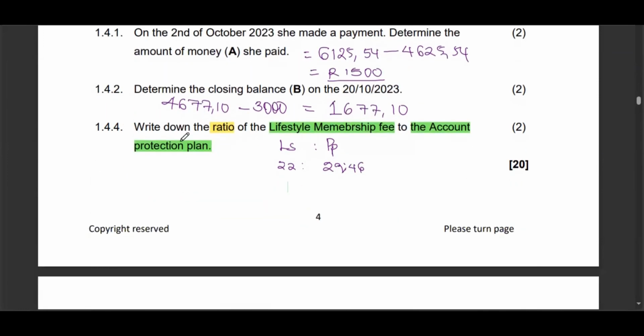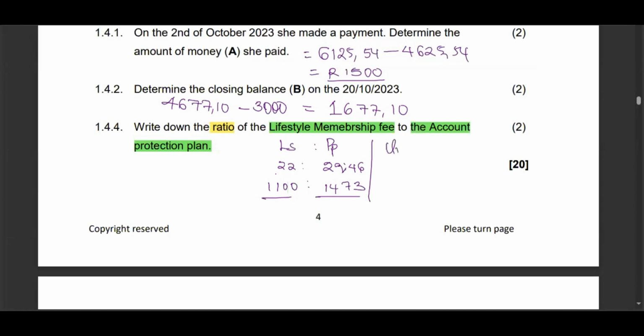Right? But did they say in simplified form? No. You can leave it like that. Or if you wanted it in simplified form, you get the small number, which is 22, divided by 29.46, which in whole numbers gives me this much. So you can leave it like that, unless they ask for a unit ratio.